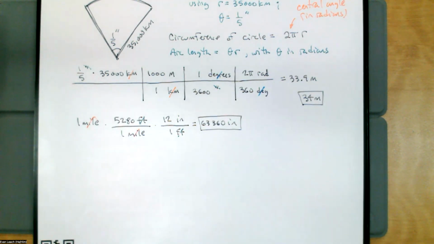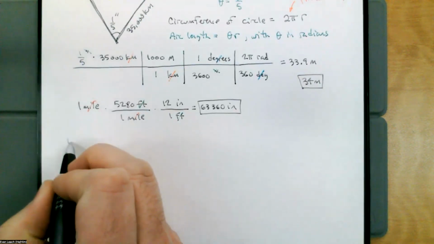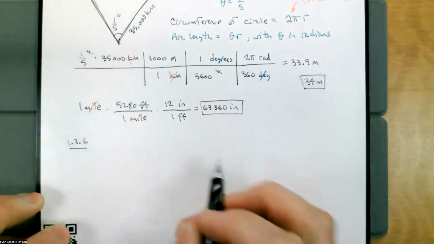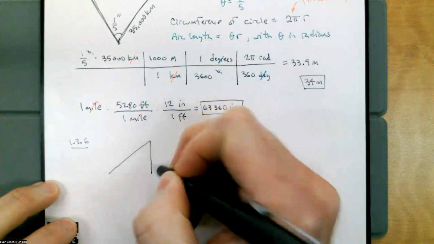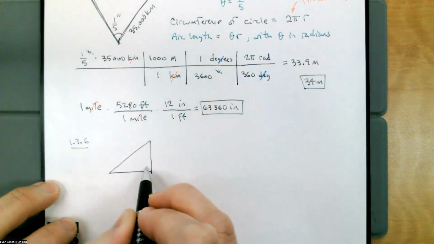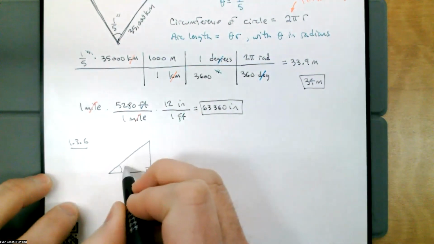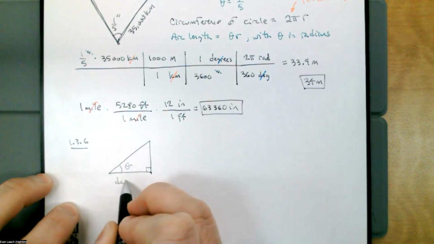Anyway. All right, in this problem, 1.3. Our gigantic windshield. We have an angle of theta. We call this dashboard.